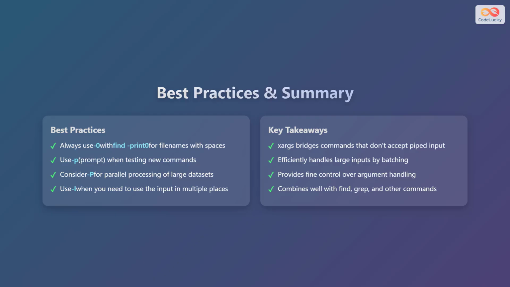Consider using the -P option for parallel processing of large datasets to speed up tasks. And use the -I option when you need to use the input in multiple places within a command. In summary, xargs is useful for bridging commands that don't accept piped input, efficiently handles large inputs by processing them in batches, provides fine control over how arguments are handled, and combines well with other commands like find and grep.